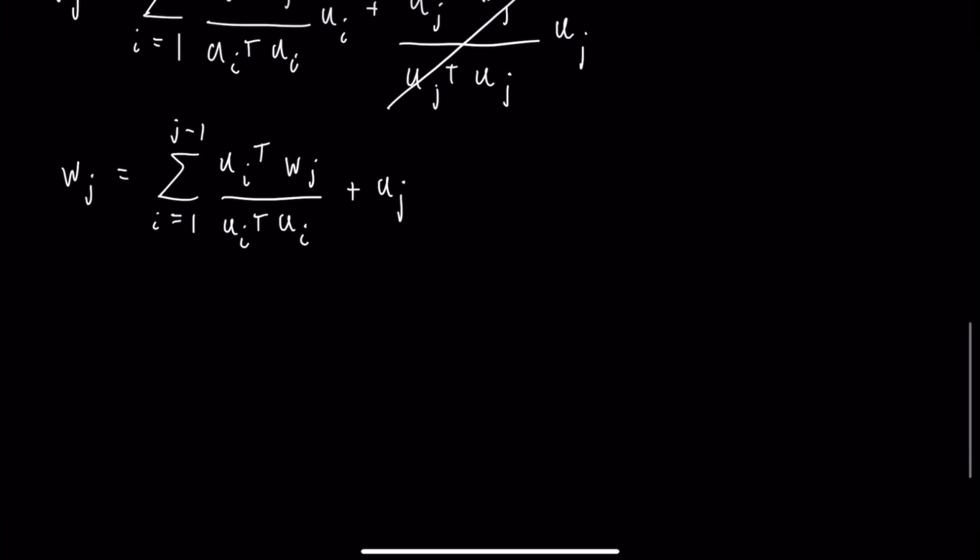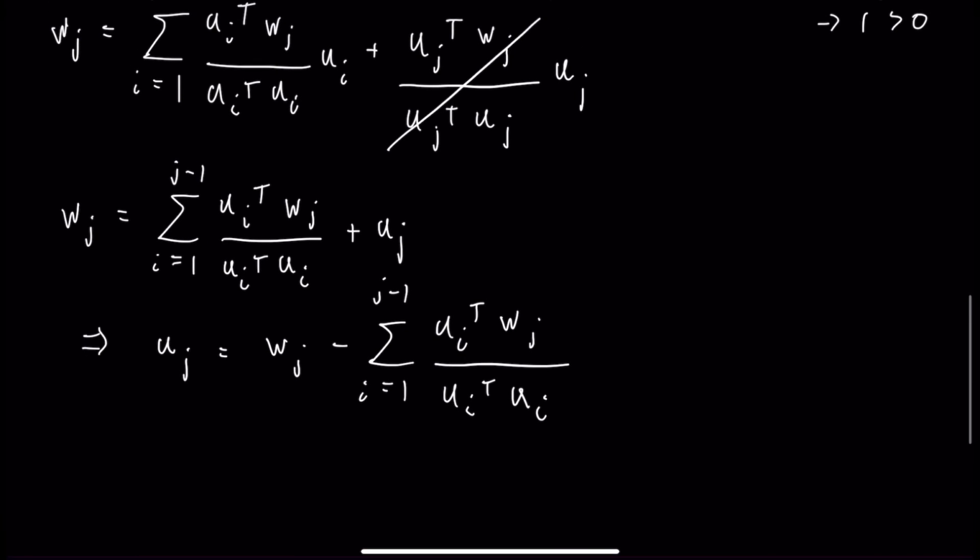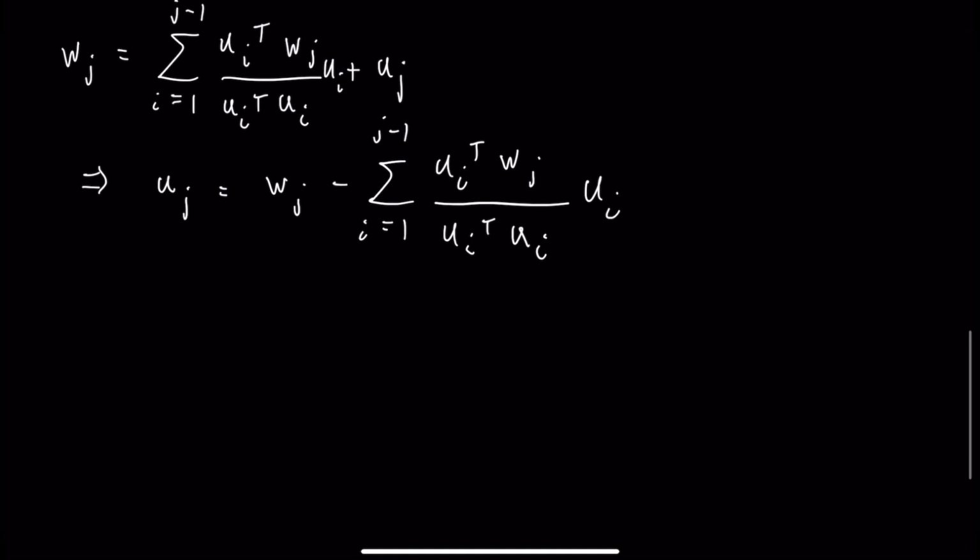Solving for Uj, we have Uj is Wj minus the sum from 1 to j minus 1 of UI transpose Wj over UI transpose UI times UI. I should have a UI, sorry about that. And that is the general formula for the Gram-Schmidt process. Thank you very much for watching.